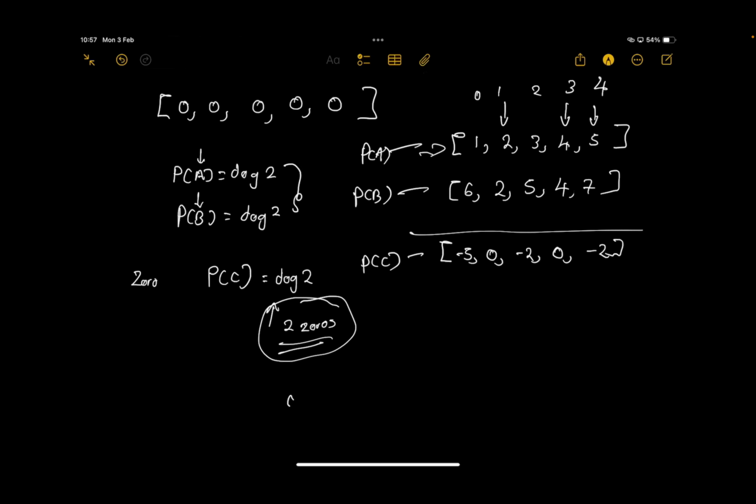There are only D values of X that, when you evaluate P of A and P of B at, they will be equal. This D is the maximum degree of P of A or P of B. Those points are the roots of P of C.